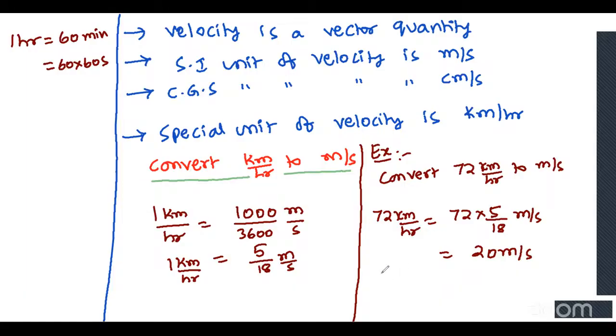Similarly, convert 108 kilometer per hour to meter per second. 108 kilometer per hour equal to 108 times 5/18 meter per second.